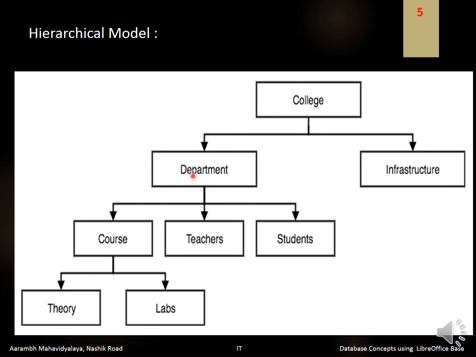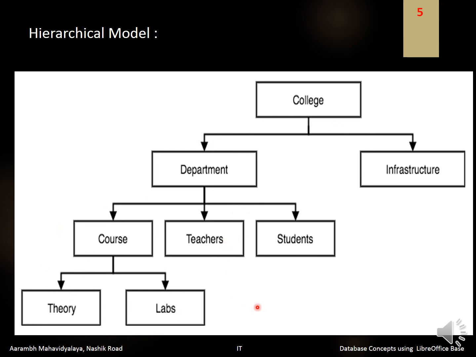Here only one part is shown, that is department. College has departments, departments have different courses, every department has different teachers and different students. Also every course has a theory part as well as labs, that is practical parts. Here only a single part is shown.